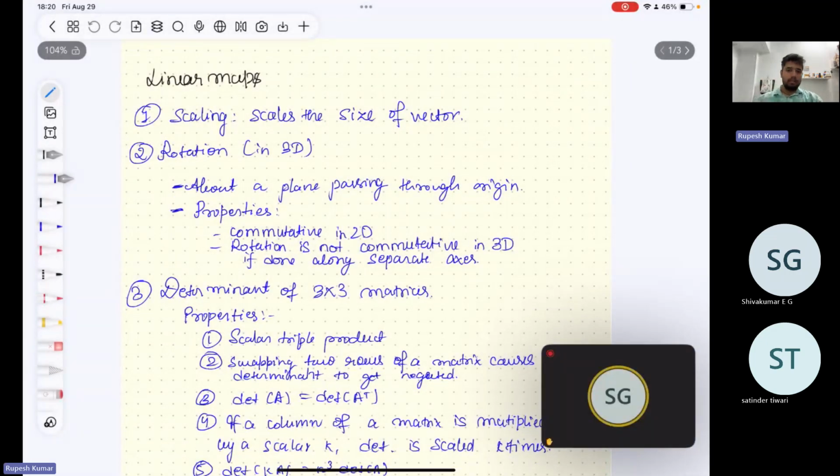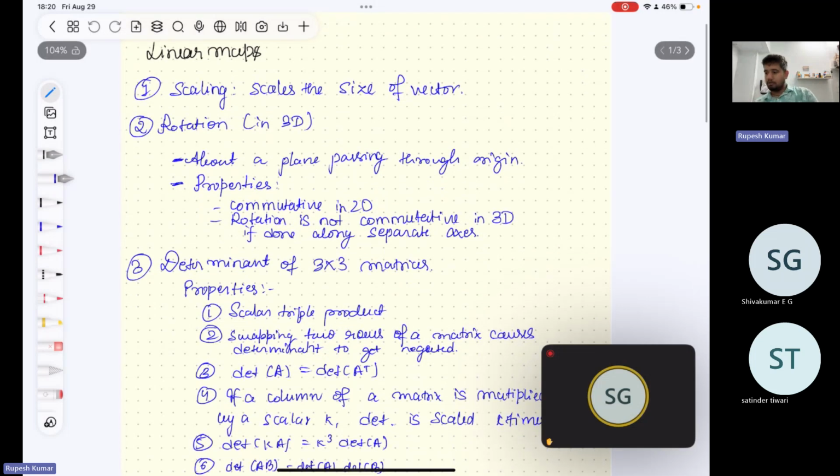So in this week, what you have seen is linear maps. So these are the topics you were covered. So first of all, what is a map? Map is something that is used to transform variables, right?